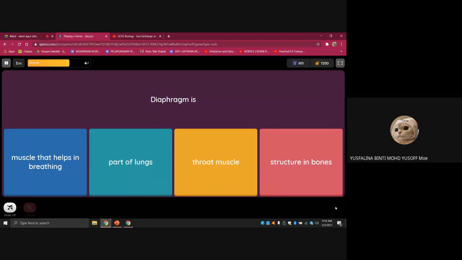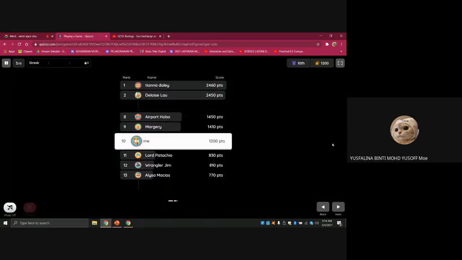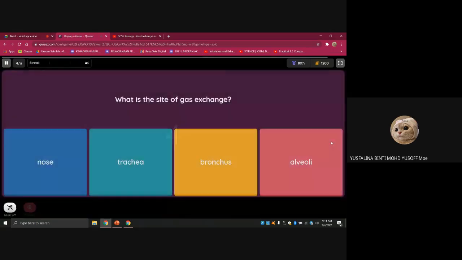Okay, let's see whether it's correct or not. Diaphragm is actually a muscle because it can contract, right? Remember your friend answered just now. When you inhale, the diaphragm will contract and flatten. If it can contract and relax, that means it's a muscle. Our bone cannot relax and cannot contract, so only muscle can do that.